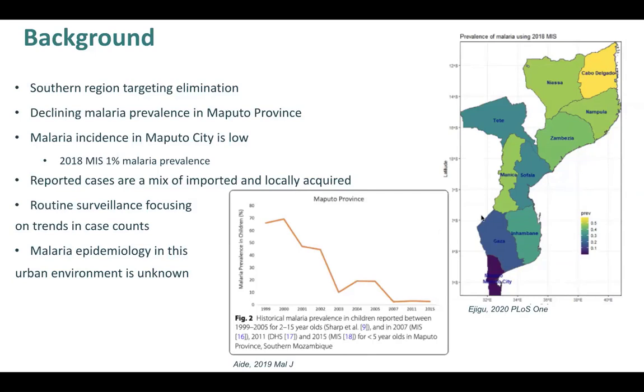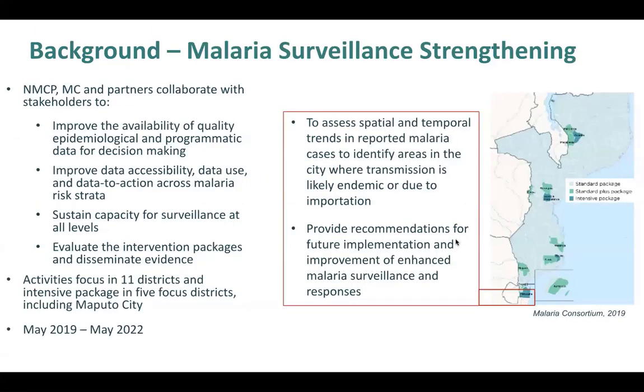Within that context, the National Malaria Control Program went through a process of strengthening surveillance components to ensure that the data quality, data use, and data-to-action components were tailored to and effective for all the different transmission intensities and intervention needs.